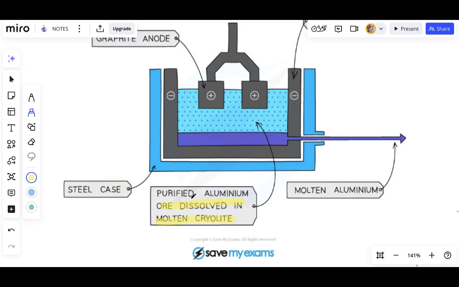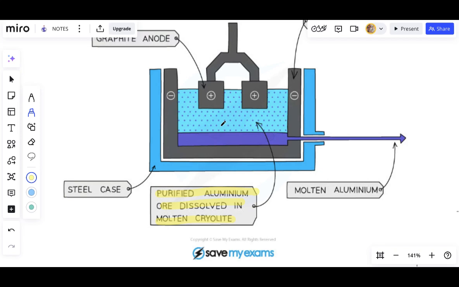The aluminum ore must be in a purified state. The pure aluminum ore is dissolved in molten cryolite to reduce the melting point, because aluminum oxide is an ionic compound which has a high melting point. Remember, an ionic compound has high melting and high boiling point. So to reduce the melting point, we dissolve it in molten cryolite.